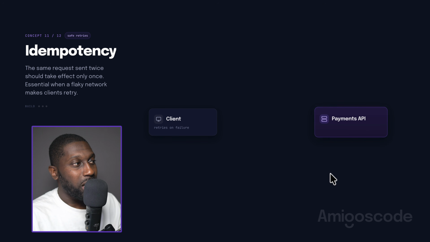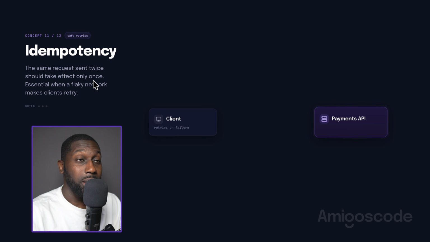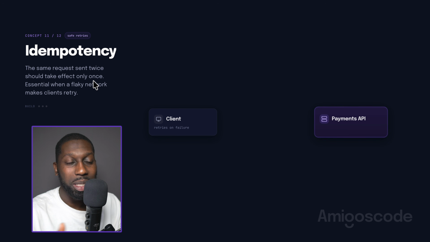Also, we have idempotency in here, so the same request sent twice should take effect only once. Okay, so think about it, right? If you are buying an item from a website and you send the same request twice by mistake, you don't want to charge that customer twice. Okay, so what you do is you implement idempotency.